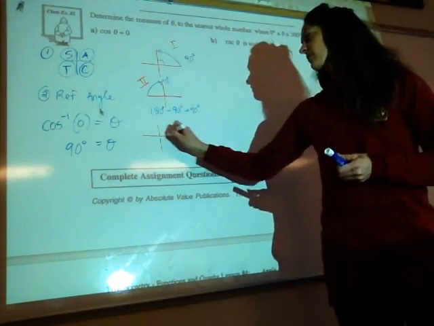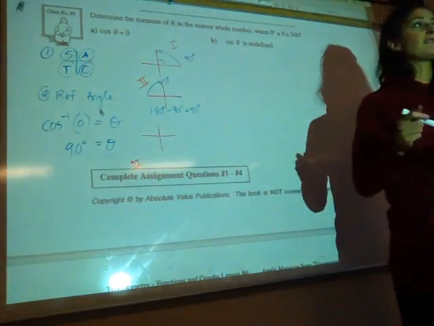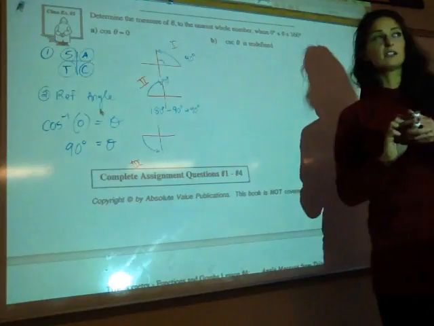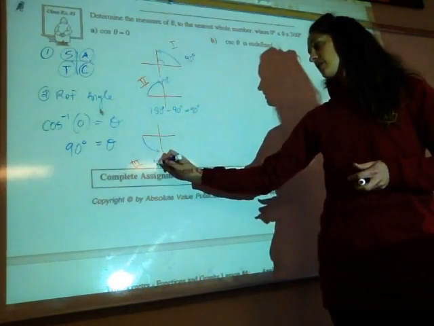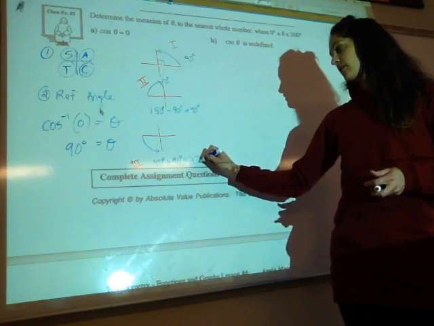Okay, in quadrant 3, I'm going from 180 and I'm using a reference angle of 90. So my calculation would be 180 degrees plus 90 degrees. That puts me at 270 degrees.